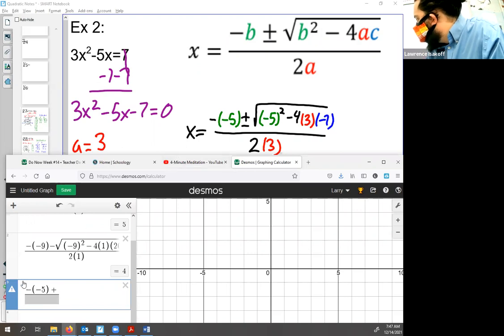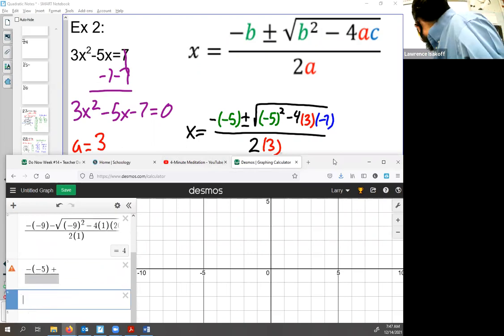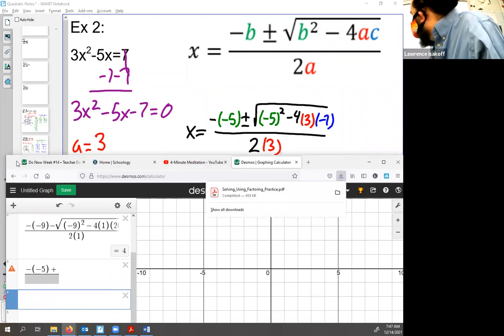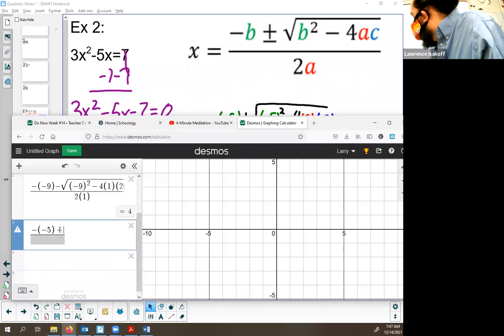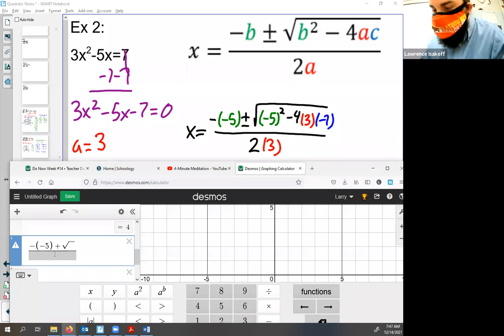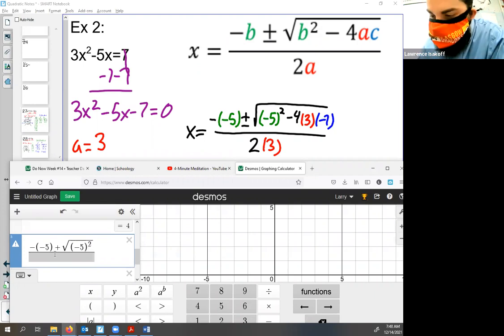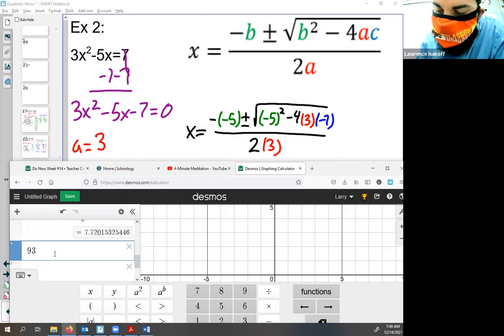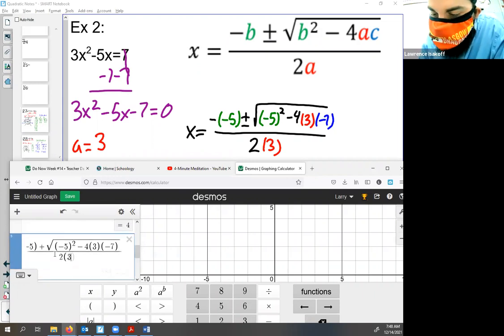Plus the square root of parentheses, -5, close parentheses, squared minus 4 times 3 times my C value of -7, all over 2 times 3. Whoop. Parentheses 3.